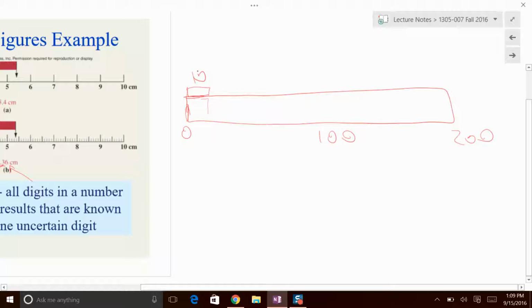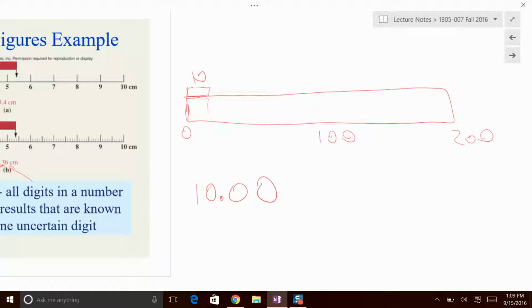I can't guess 10 on a graduated cylinder that has a lot of precision in it. I have to say on the graduated cylinder 10.00. If I think it's right on the 10, I have to guess that. It's right on 10.00.